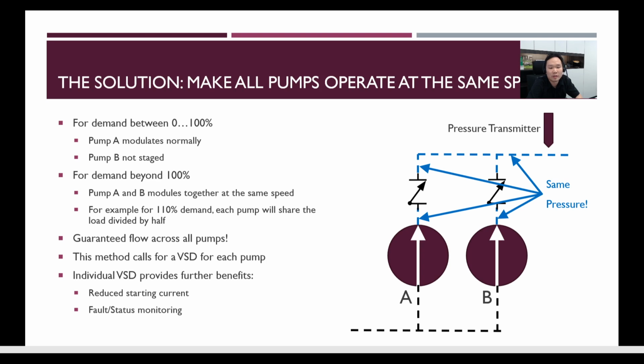Okay, so this guarantees flow across all the pumps, but it calls for a VSD for each pump. It's not the end of the world, because if you have a VSD for each pump, it can add additional benefits. When you have a start-stop situation occurring, your starting current is greatly reduced. Secondly, it can act as fault and status monitoring.